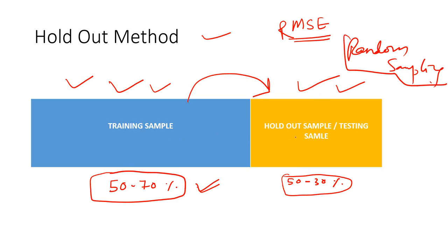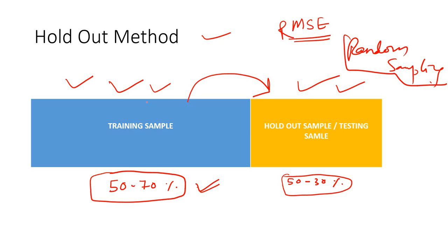And that's not very representative, because if you change the splitting pattern, you probably will get a different result. The chances are low, but there is definitely a chance that you will get a different result.